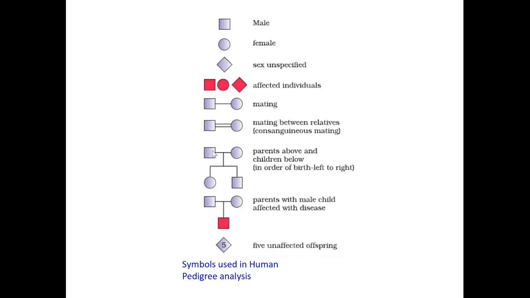Then this is showing the first generation parents, and the vertical line showing the second generation. These are the children in order of birth from left to right, and in this case the parents have a male child affected with the disease, whereas this is showing 5 unaffected offspring.